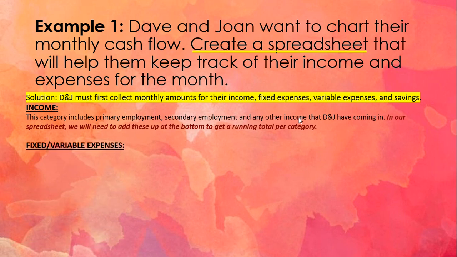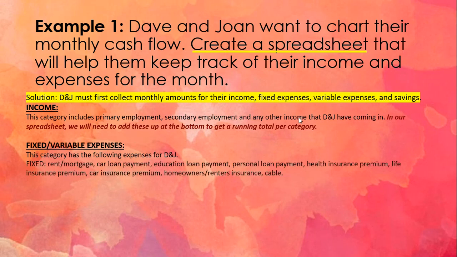Then our next category was fixed and variable expenses. So this has the following expenses for Dave and Joan. They have a rent, car loan payment, education loan payment, personal loan payment, health insurance premium, life insurance premium, car insurance premium, homeowners or renters insurance, cable.